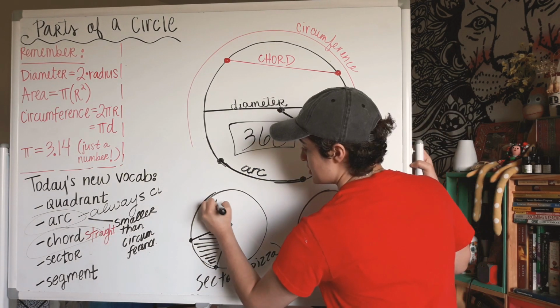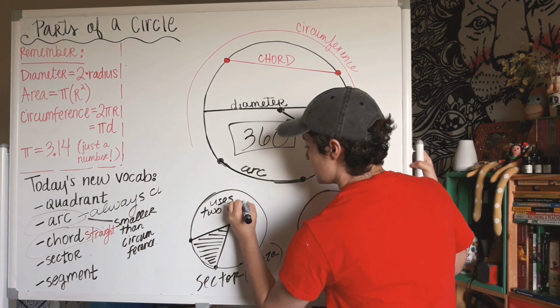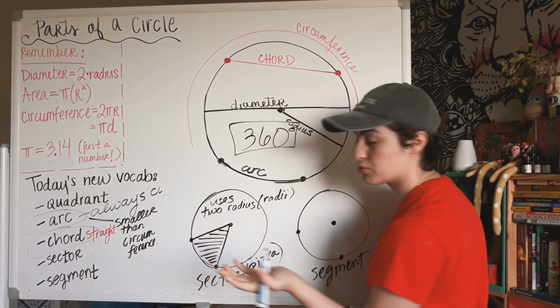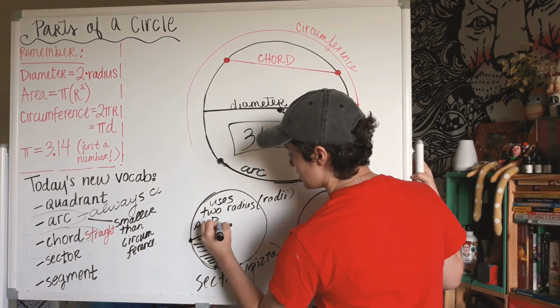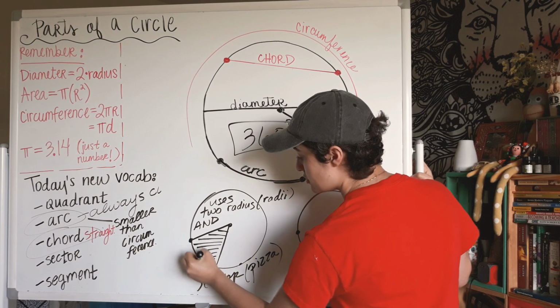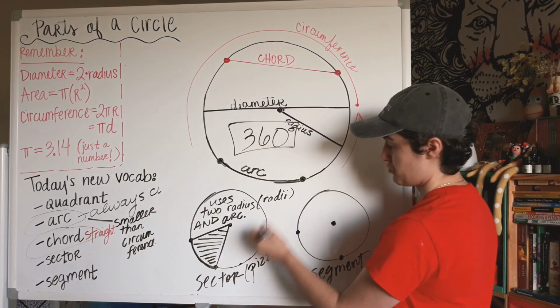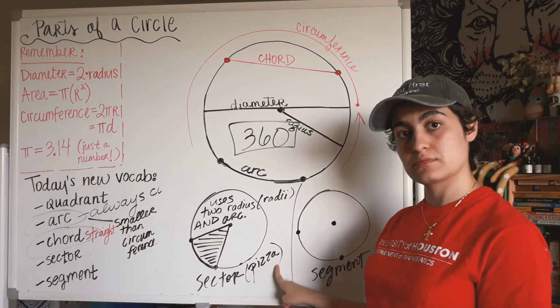It uses two radii, plural of radius, and the arc. It uses an arc for the sector, okay? So it's going to look like a pizza slice.